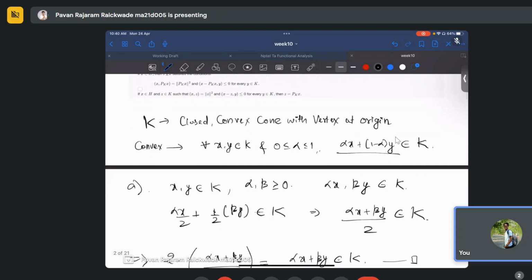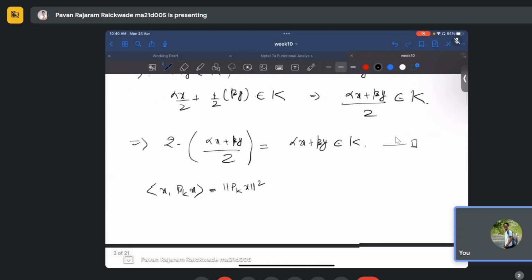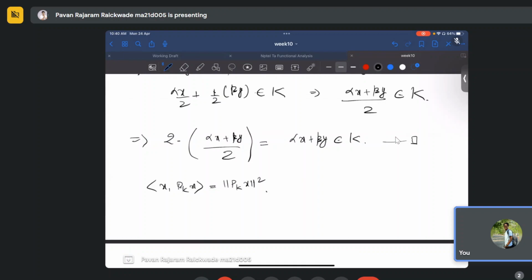First, let me give you a geometric intuition. Suppose this is the point PKx and this is the point x. So this vector is x minus PKx. Now suppose you consider any point y in the cone, and this vector is y minus PKx.